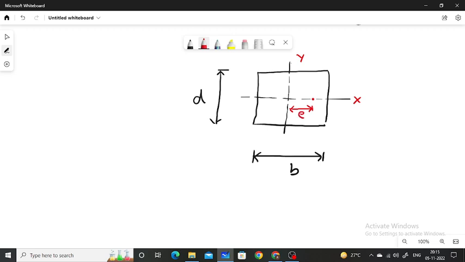So the eccentricity, meaning the displacement of the load from the y-axis, is Ey.